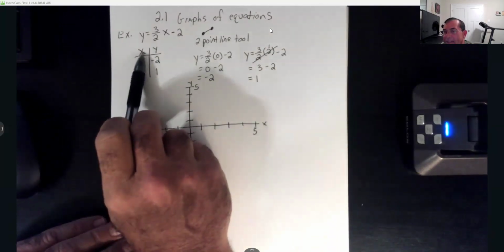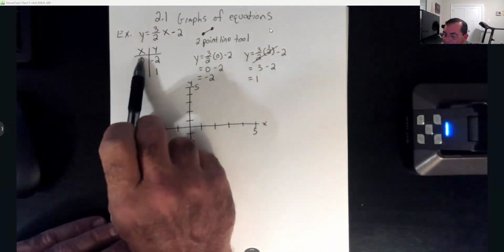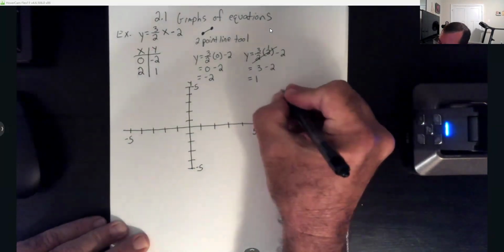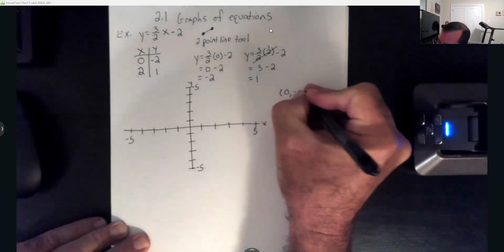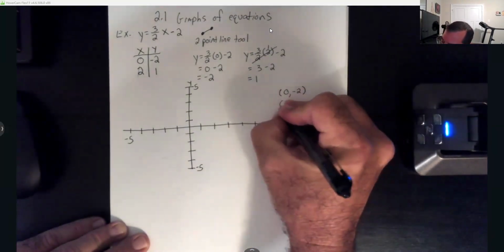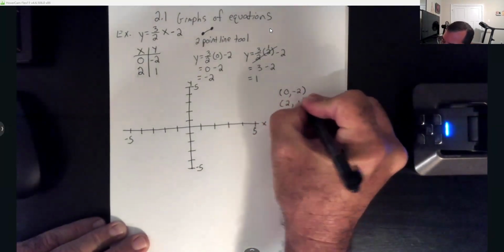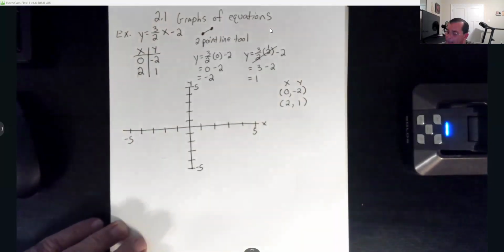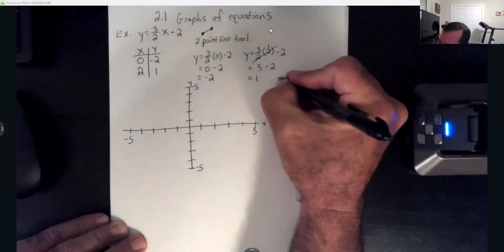All right, y'all, the x's and the y here. We treat each one of these like an ordered pair. So the first ordered pair would be 0, negative 2. And then my second ordered pair would be 2, 1. So remember, these are in the form of your x and your y. The x's are going to go left or right.